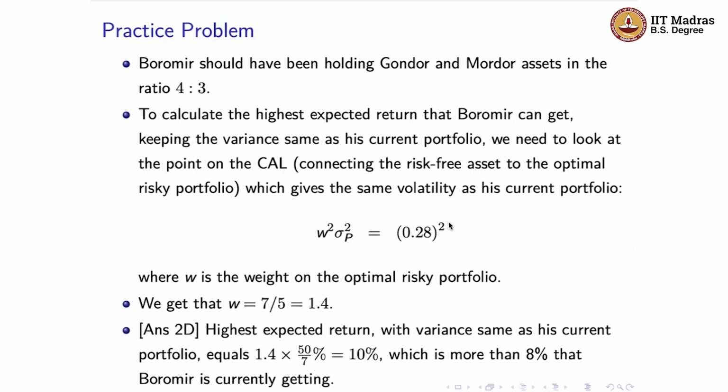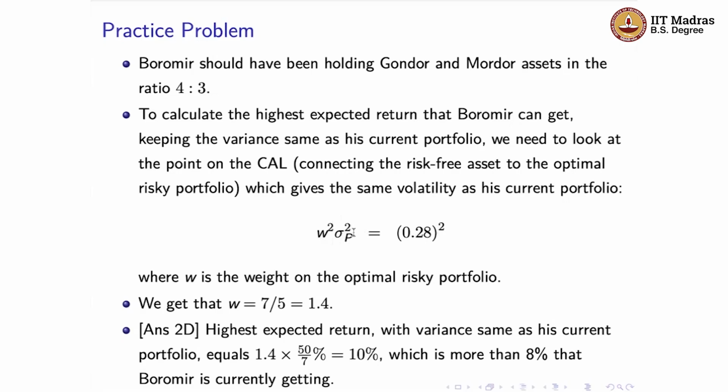So that's 0.28 squared. And what would have been the case if he had gone for an alternative portfolio which was on this capital allocation line? That depends on the weight that he's putting on this optimal risky portfolio. But suppose the weight is W. Then we have that W squared times sigma squared P is equal to 0.28 squared.